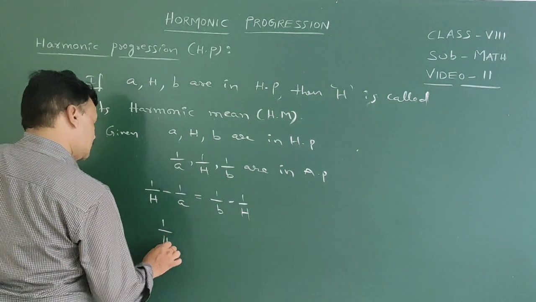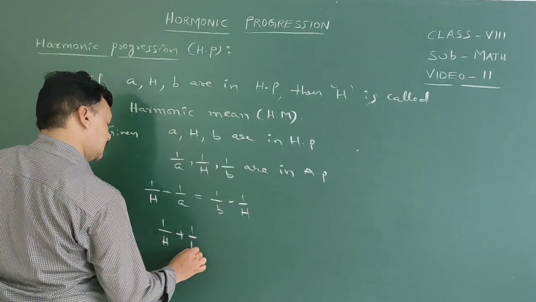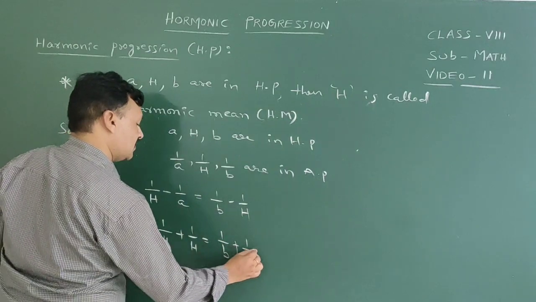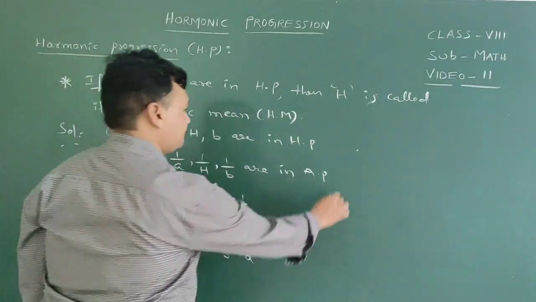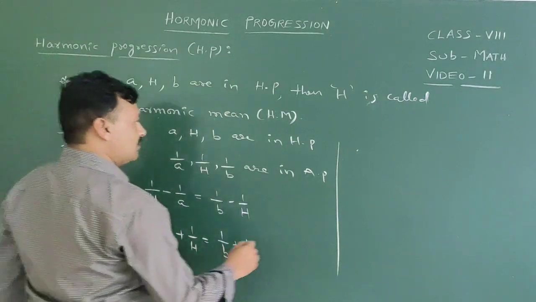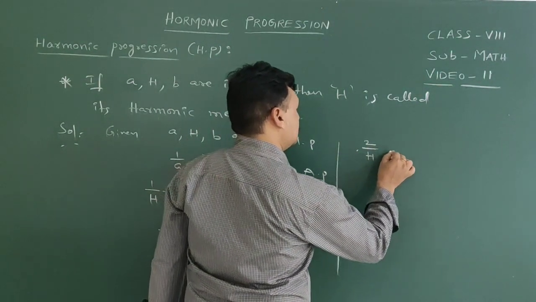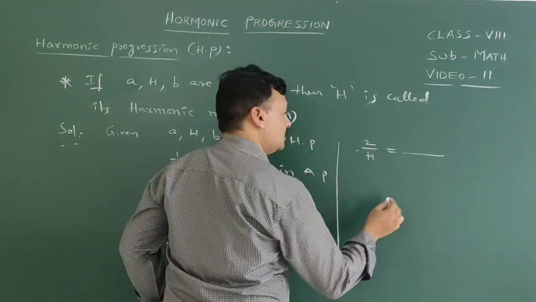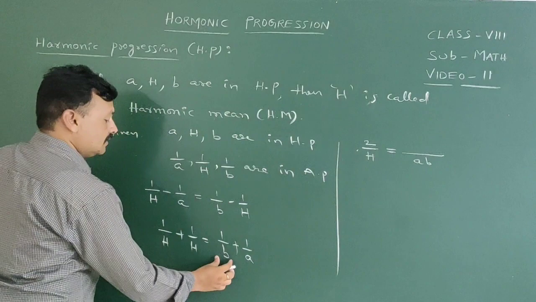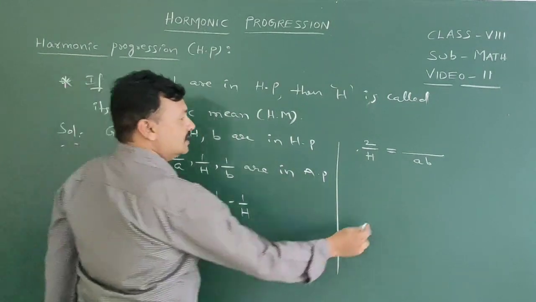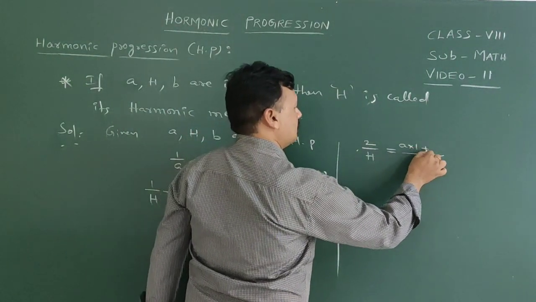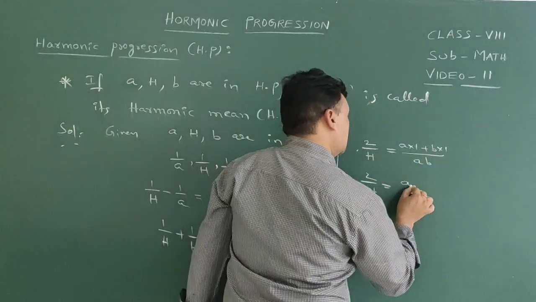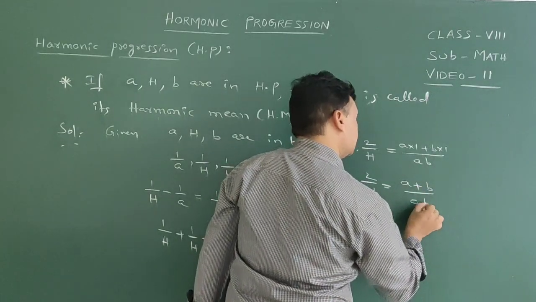Now send this 1 by H to this side. Here 1 by B plus 1 by A becomes... 1 by H plus 1 by H is 2 by H, equal to, taking the LCM AB, A into 1 plus B into 1. So 2 by H equals A plus B by AB.